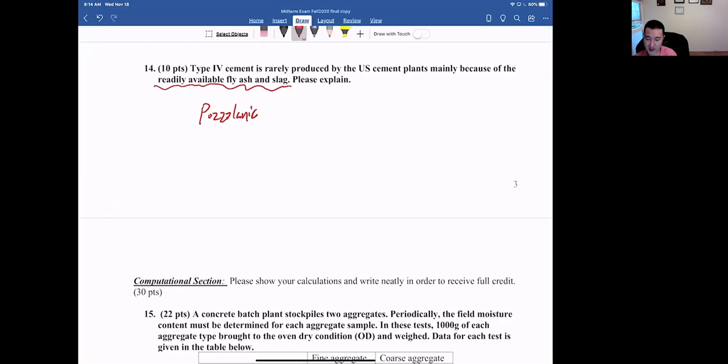Pozzolanic reaction involves calcium hydroxide, which is one of the hydration products of cement. Fly ash and slag will provide silicon oxide, SiO2, plus water, it will generate CSH.